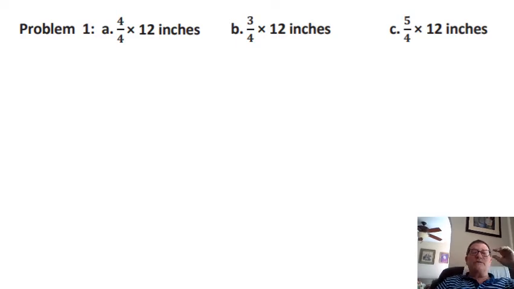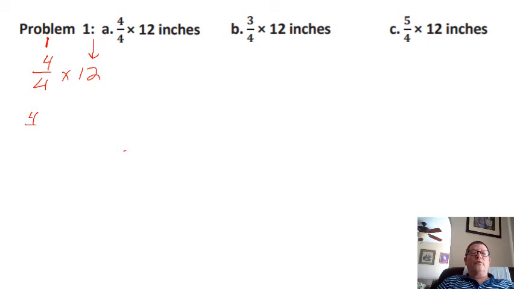All right, so let's put this to practice and see how it works. Now, first one, I have 4/4 times 12. So I've got a fraction times a whole number, but my fraction happens to be equal to 1. So that means my product should be equal to the other factor. So let's see if this works out.